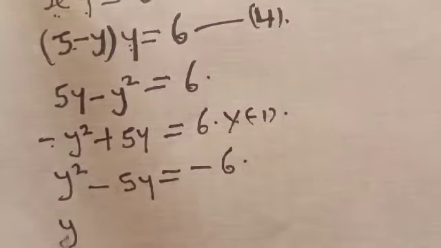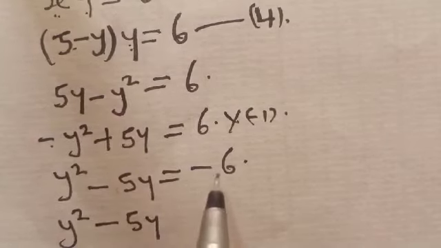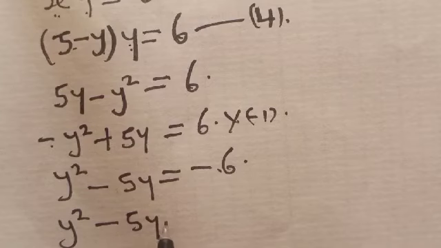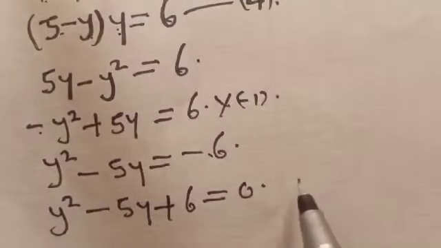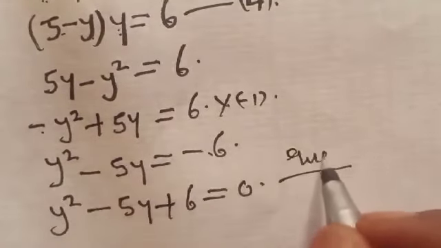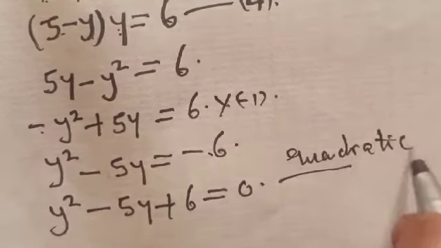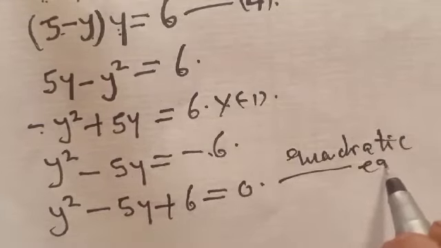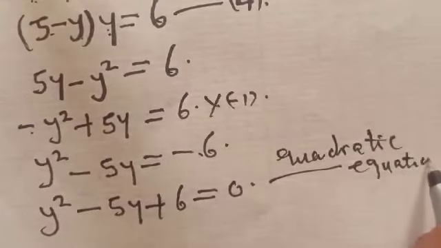Then we have y squared minus 5y, and if this minus comes to this side, it will become plus 6 equal to 0. This is a quadratic equation.